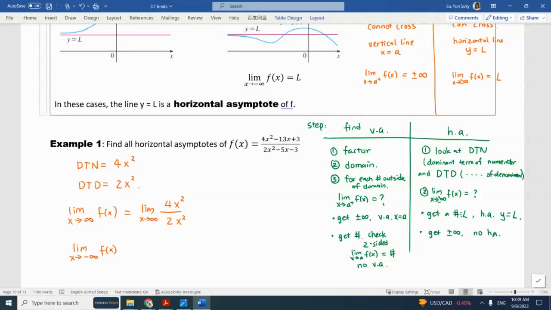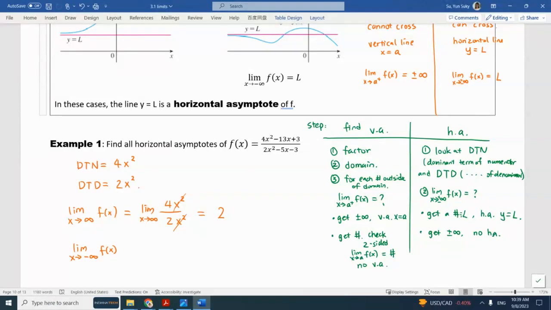So far, so good, everybody? Do you see x squared cancel? What's left? 2. Oh, we get a number. If we get a number 2, then we have a horizontal asymptote, y equals 2.